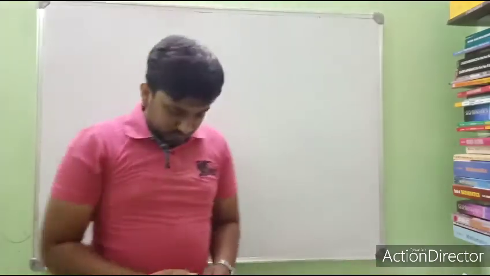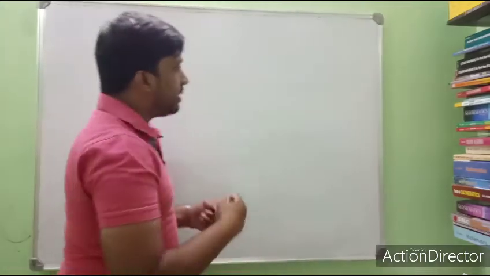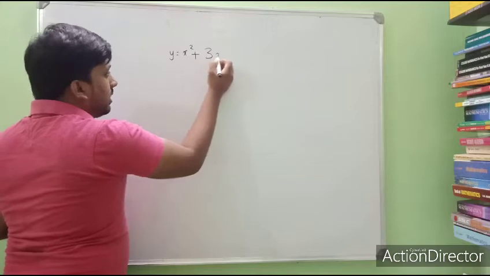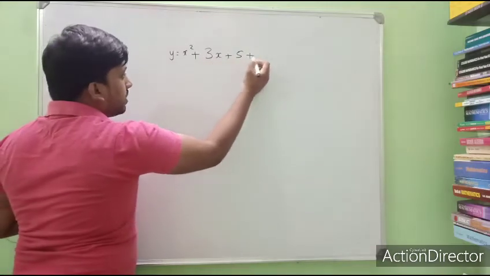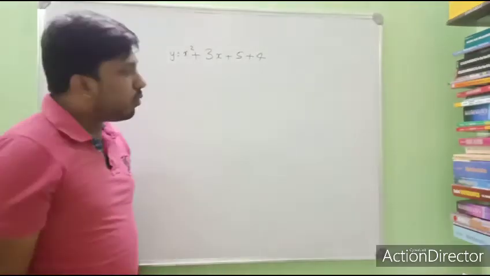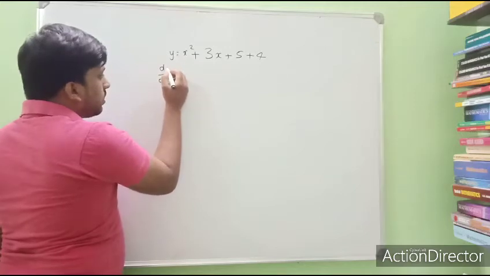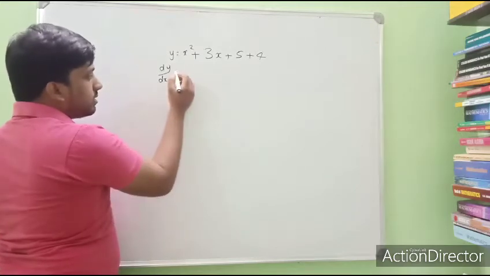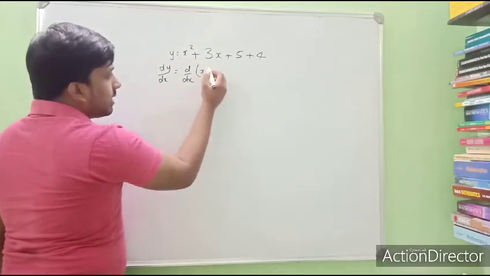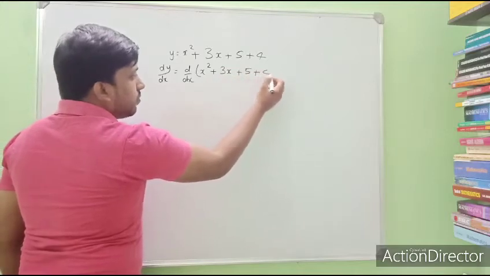Okay, let us see what is successive differentiation. Any function if they give, for example, let me take a function y is equal to x square plus 3x plus 5 plus 4, something like this. If we want to differentiate this function, how are we going to differentiate? We know dy by dx is nothing but d by dx of the function x square plus 3x plus 5 plus 4.